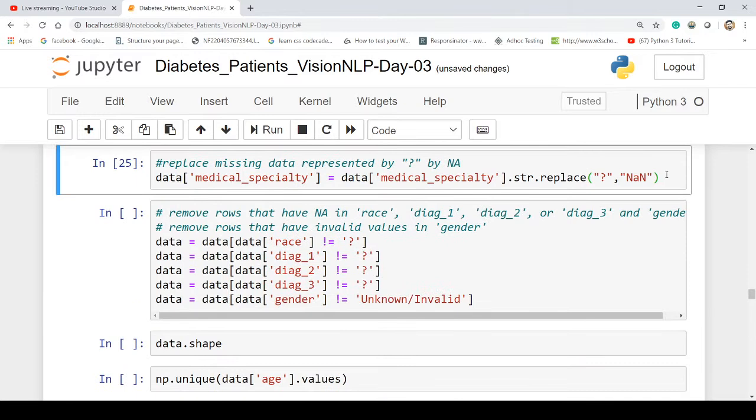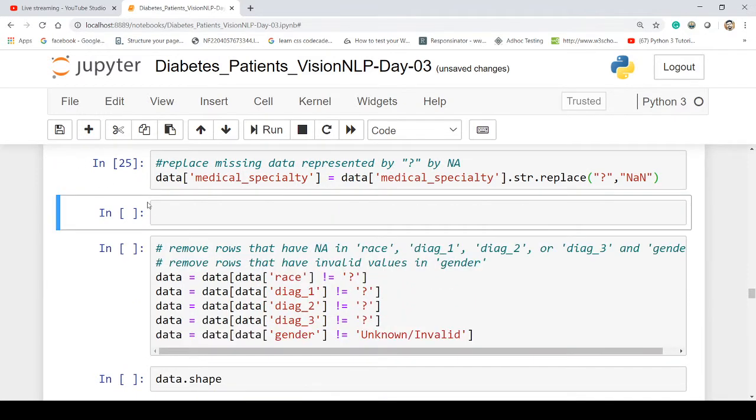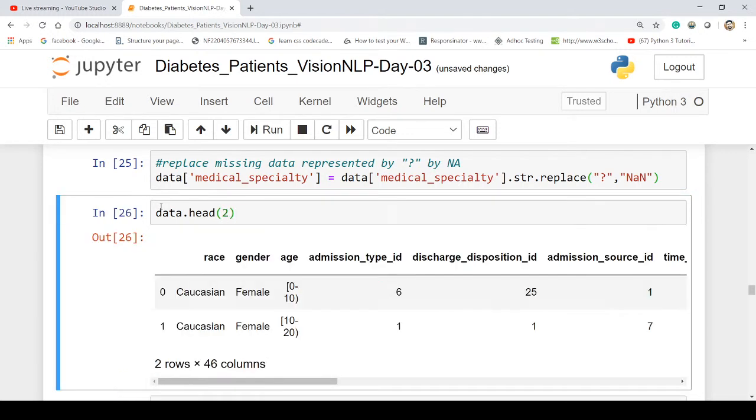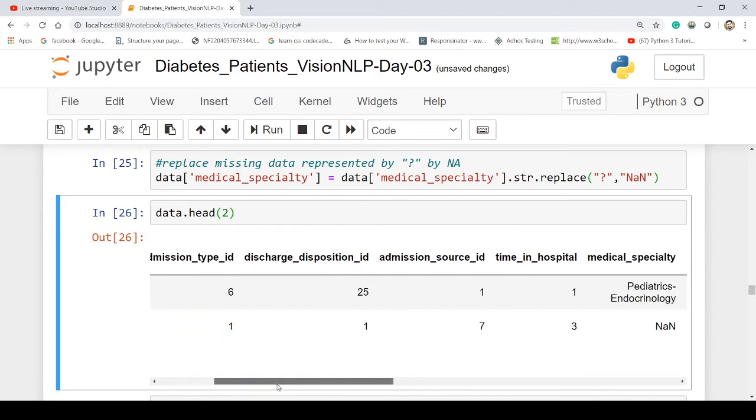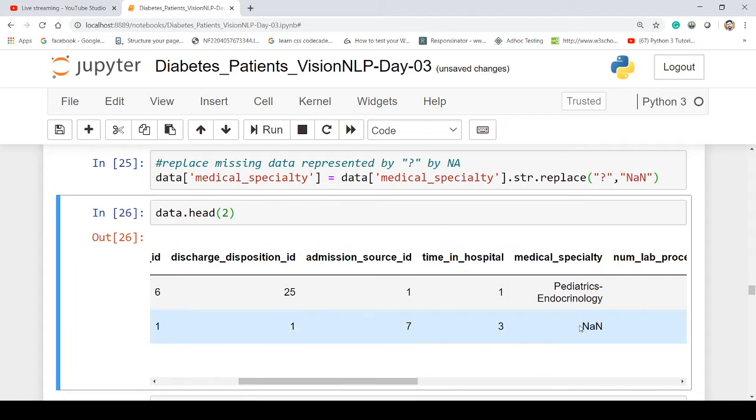If you want to see how it happened, you can also see here. You can check the medical. See guys, now you can see 46 columns, because we have dropped around 4 columns so far, right? And if you can see the medical specialty, earlier it was the question mark, now it has been replaced with NaN.